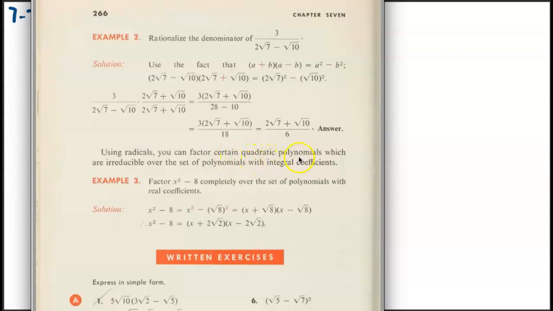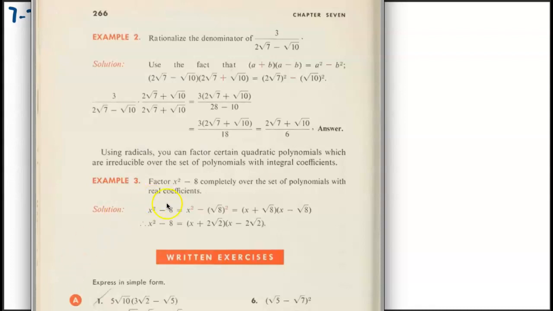So certain quadratic polynomials. That's a second degree multiple term expression, which are irreducible over the set of polynomials with integral coefficients. So if we try to keep everything integers, there are certain quadratic polynomials that we just can't reduce if we try to keep all the coefficients as integers.